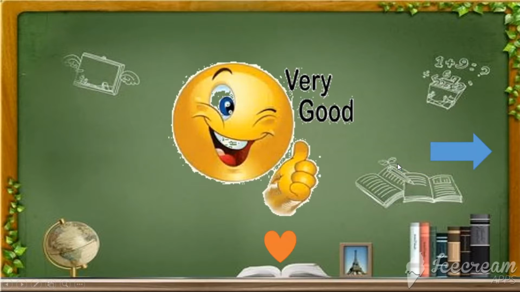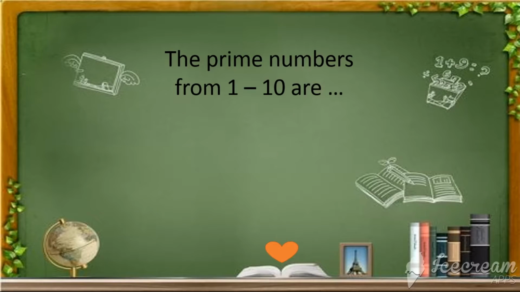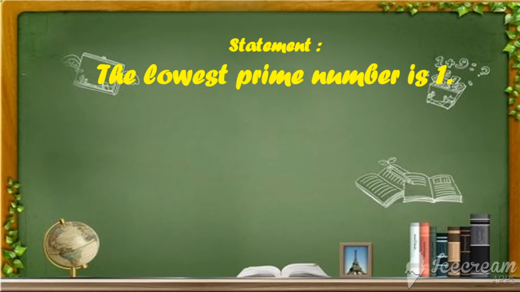We need to act on it. Why? Because the prime numbers from 1 to 10 are 2, 3, 5, and 7. So there are 4.